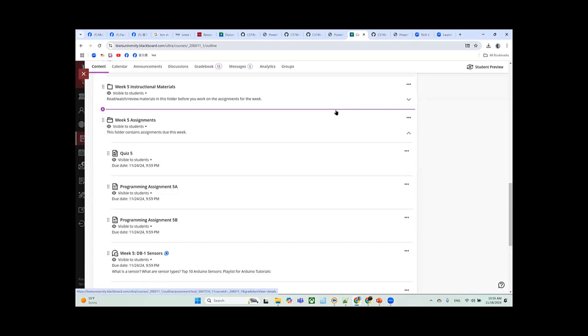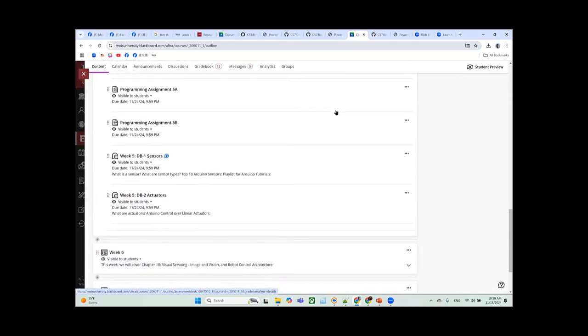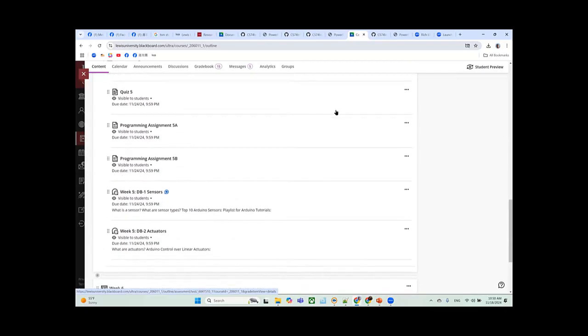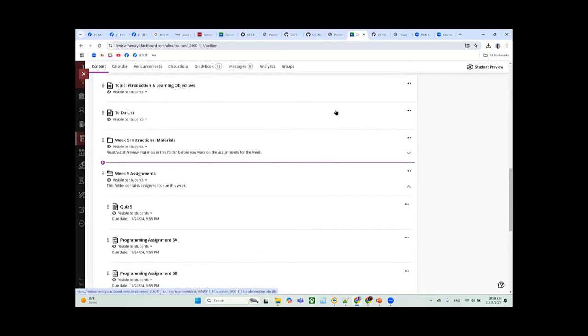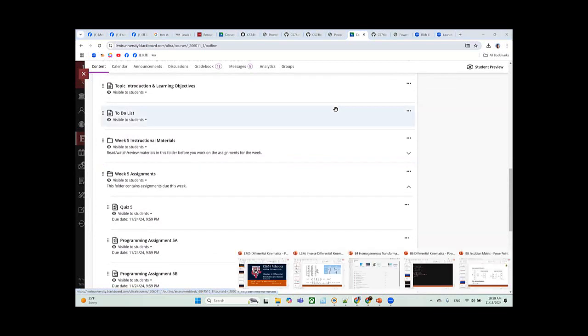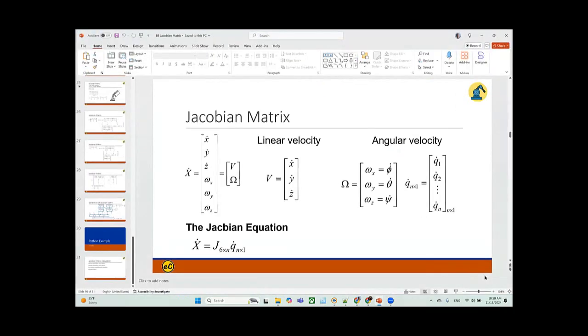Okay, anyway, we have two programming assignments this week for week 5, okay? Some weeks we have one, some weeks we have two, okay? It depends. So this week, basically, we are covering the Jacobian and inverse Jacobian.